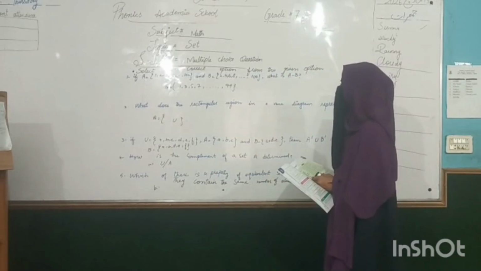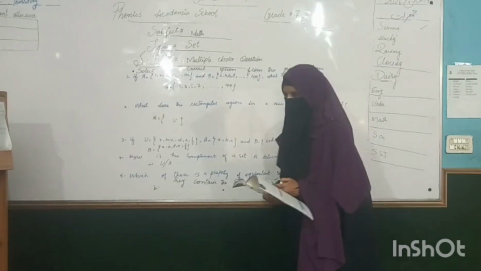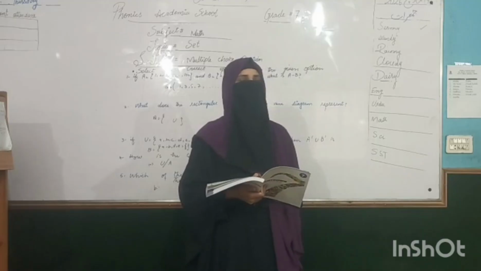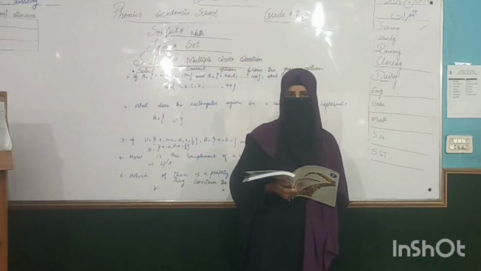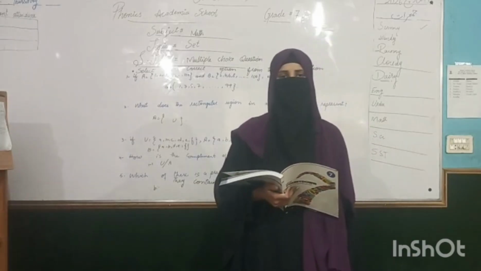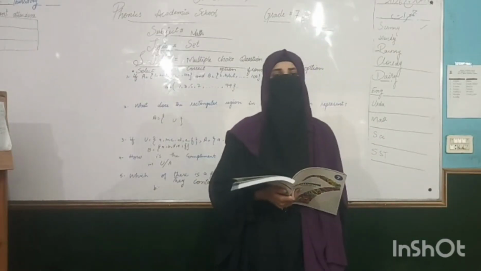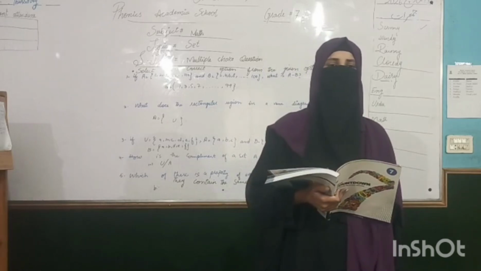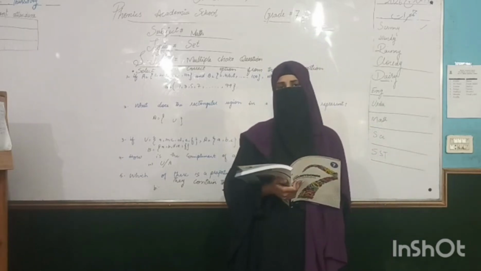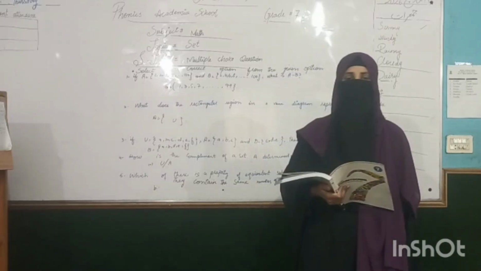MCQ number 2. What does the rectangular region in a Venn diagram represent? The rectangular region is the region in which all the elements are present. In a Venn diagram where the two circles join, in the common space we write the common elements. But when an element is not in the common part, it is written in the diagram outside the common part.